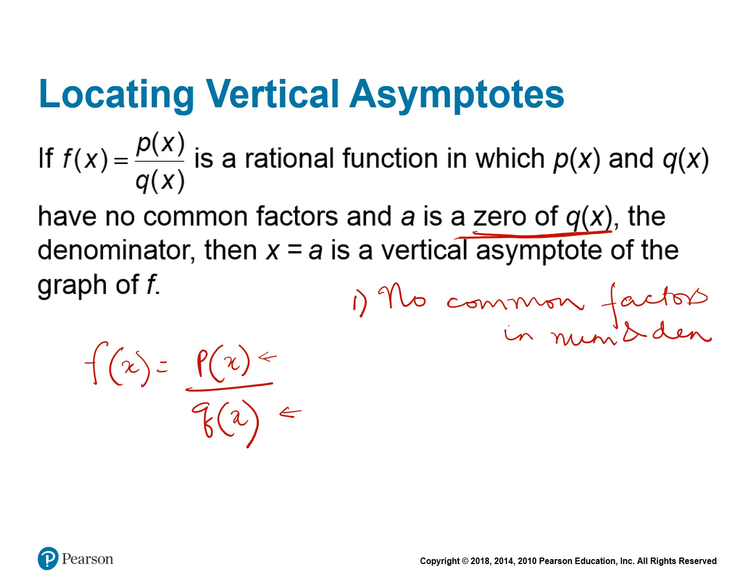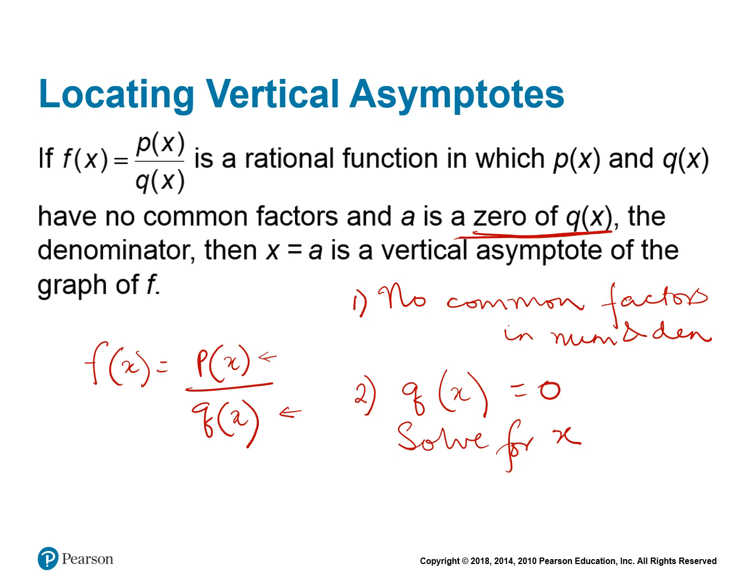Now in order to find the zero of q of x, we need to make q of x, whatever that expression is, equal to 0 and solve for x. We solve for x, okay, and we will find that those values of x are where the vertical asymptotes are located.